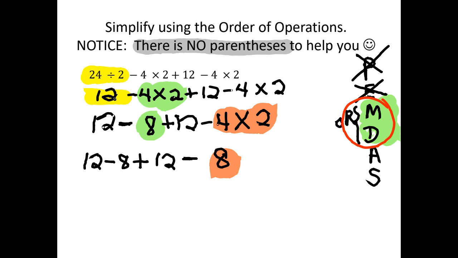But again, add or subtract from left to right, whichever comes first. These two are going to go. This is 4 plus 12 minus 8.